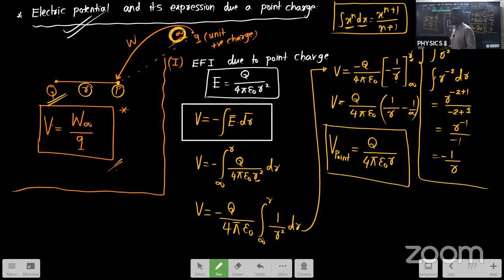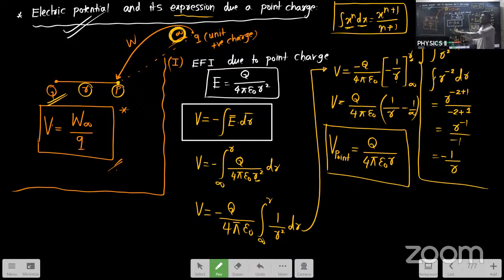What I did is, first of all, I defined what electric potential is. What is the definition of electric potential? Electric potential is defined as the amount of work done in bringing a unit positive charge from infinite distance to a particular position P. Next, we are supposed to obtain an expression for electric potential due to a point charge. So I considered the formula for electric field intensity due to a point charge.